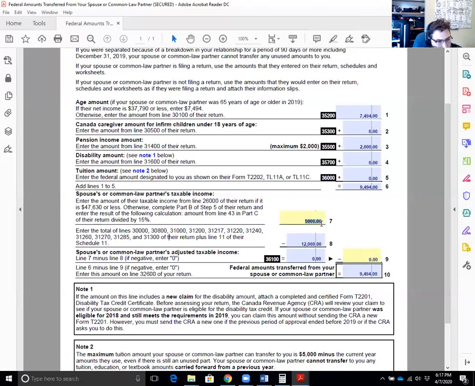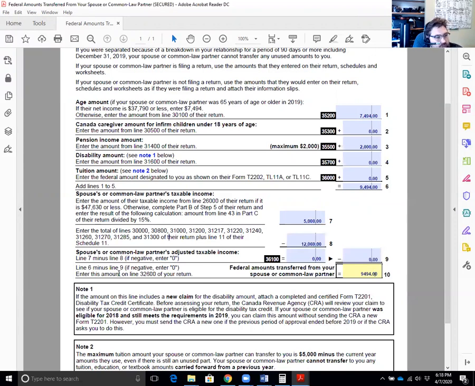This income would be in the 15% tax bracket, and our tax credit amounts are multiplied by 15%, and that would get us to a reduction in taxes greater than the taxes owing. So our spouse doesn't need these tax credits, so they're going to get transferred to us.